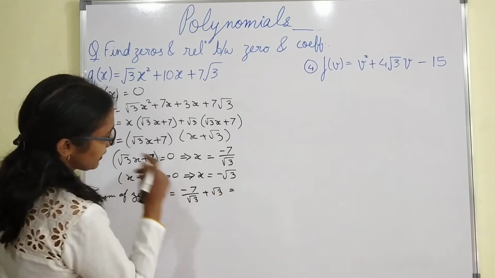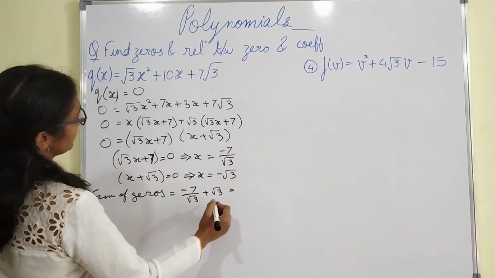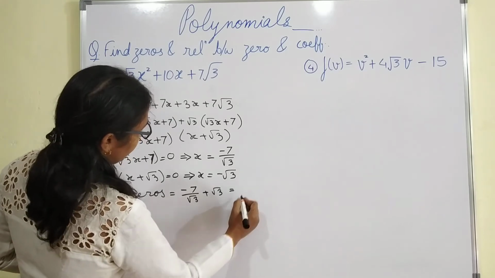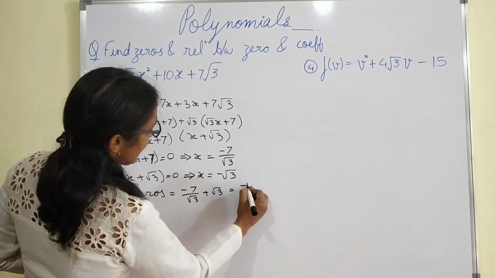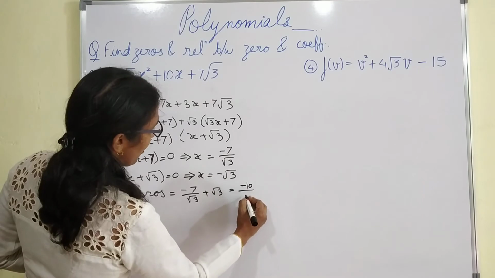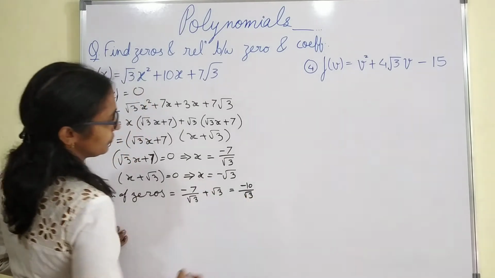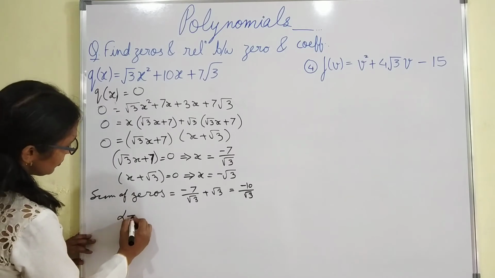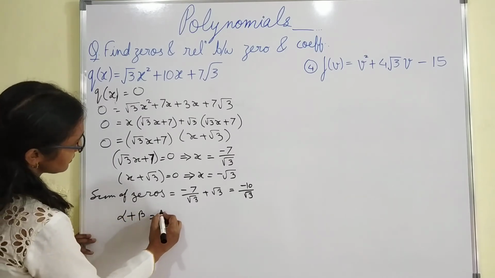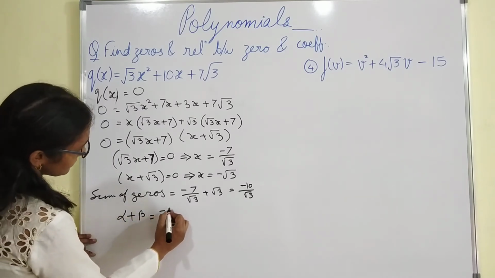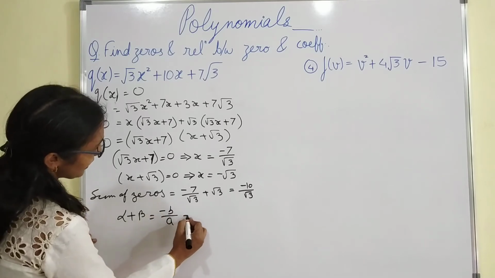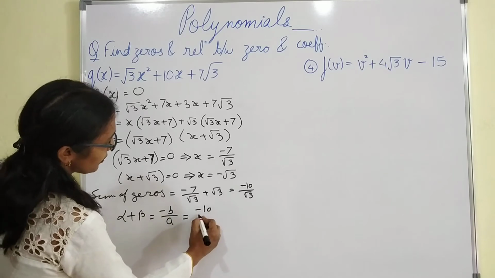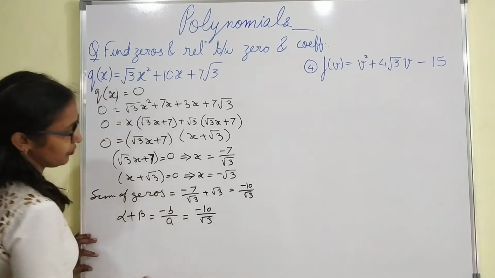So it will become minus 10 upon root 3. Okay. Now sum of the zeros is minus b upon a, so minus 10 upon root 3.